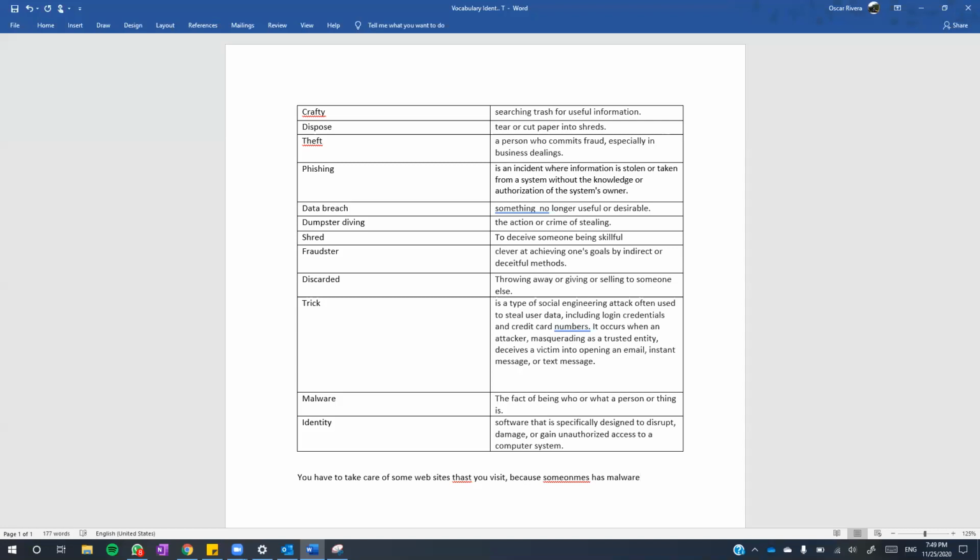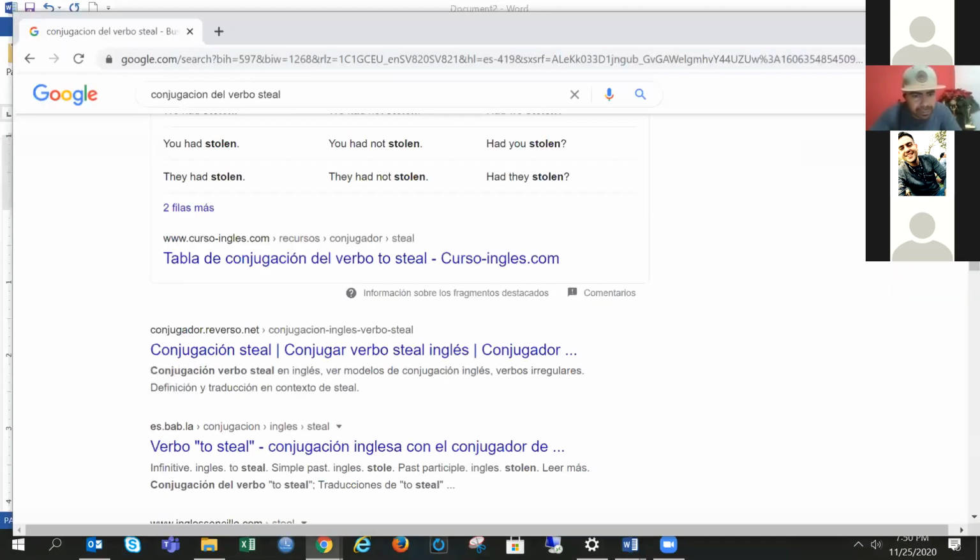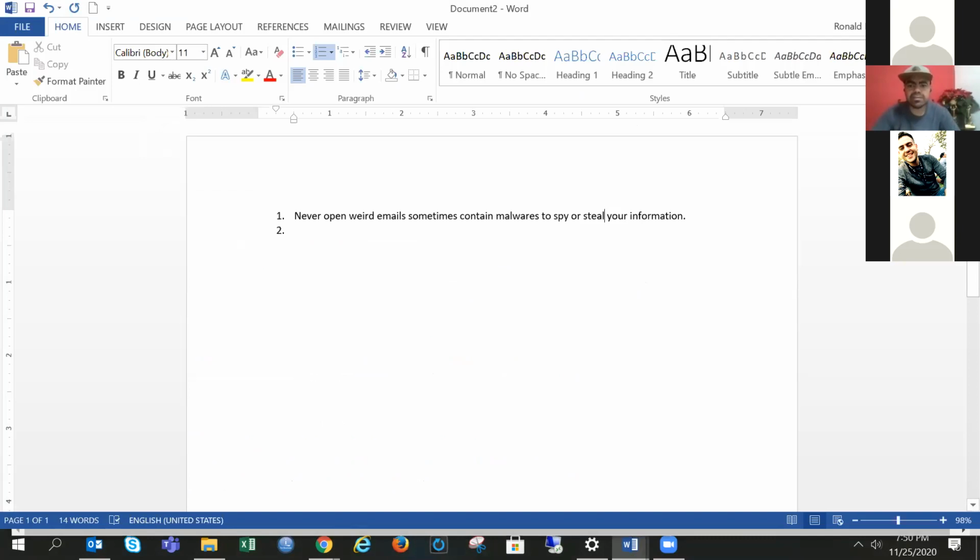Okay. On present, I think that is a field. Spy or steal past information. Stole. But I don't know. Steal good information.